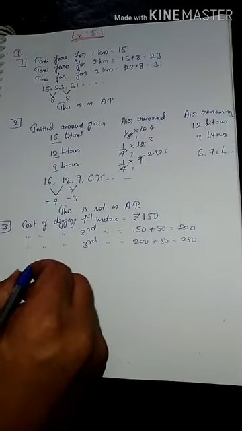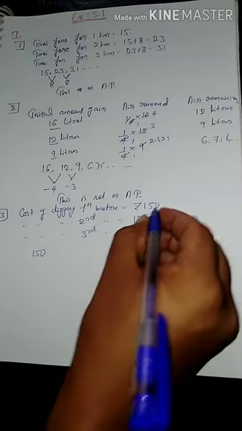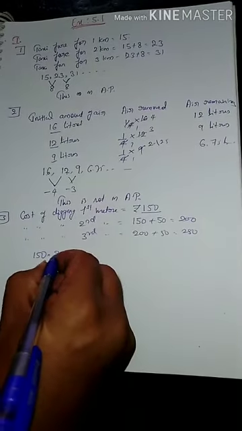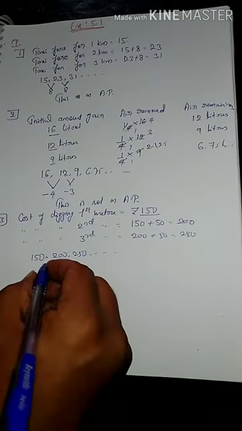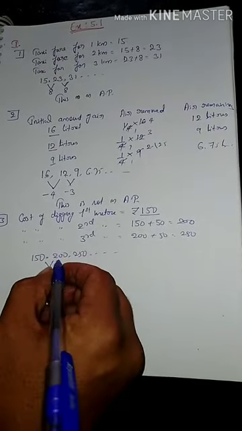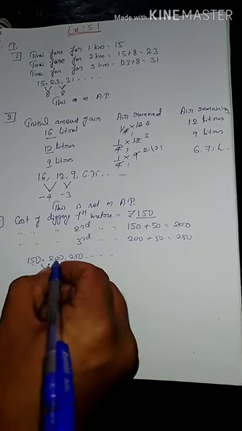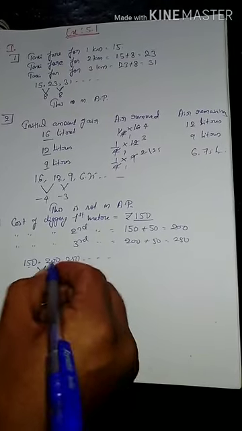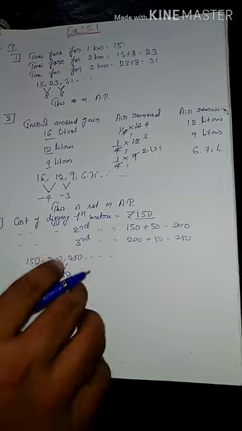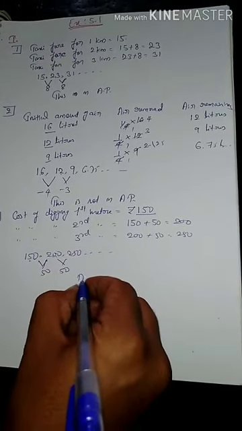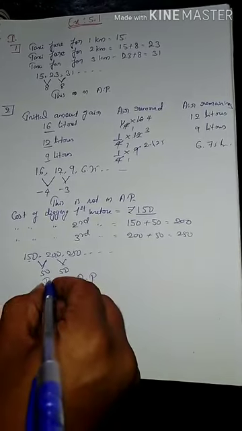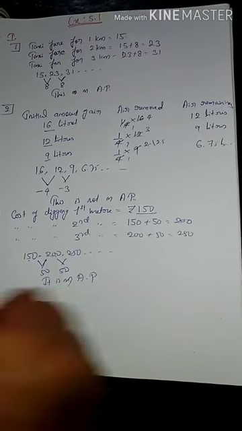So the series is 150, 200, 250, and so on. Let us check the common difference. The difference between any two consecutive terms is 50. Therefore, the given situation is in arithmetic progression. It is in AP.